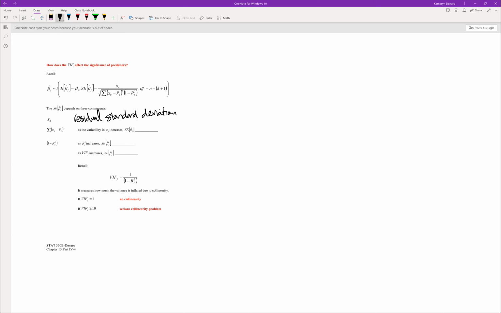The second is the sum of the x deviations. So as the variability in xj increases, as those xij's get further and further away from the x bar j's, then that denominator is going to increase. If the denominator increases, that means that overall your standard error is going to decrease.